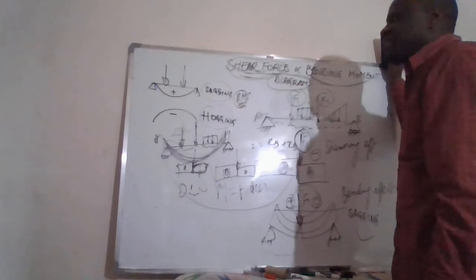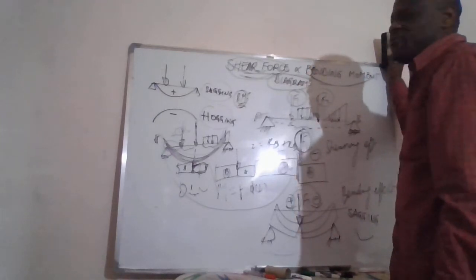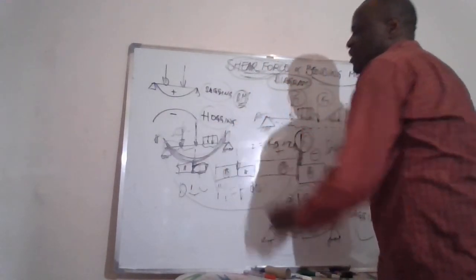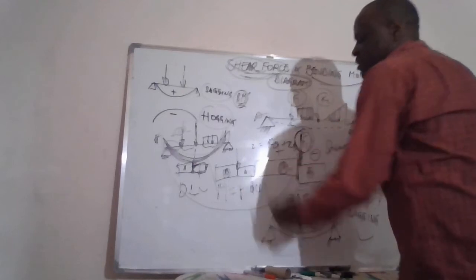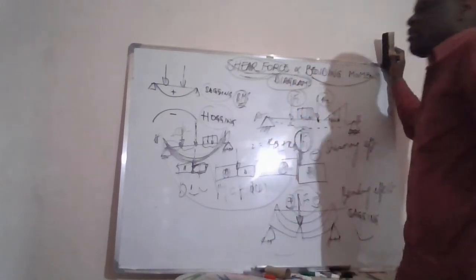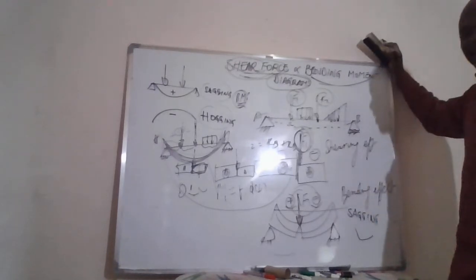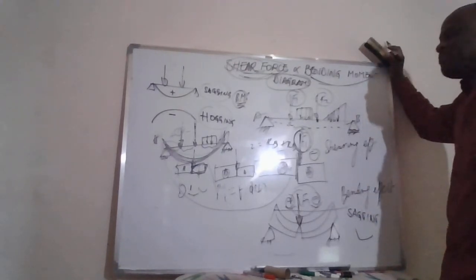It's the failure that can take place during the shearing effect. The shearing off of the beam is when the force has a tendency of cutting off the spans of the beam, making one slide over the other. And those are the two aspects of the failure that can take place when beams are loaded.